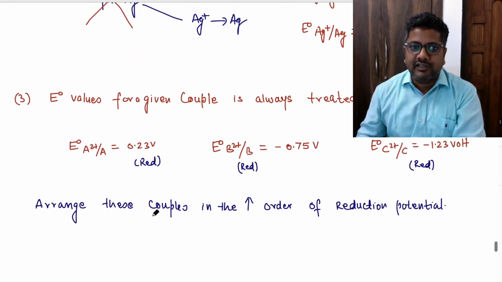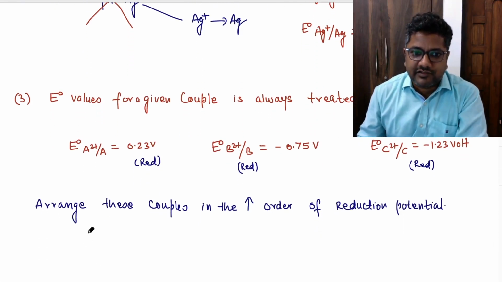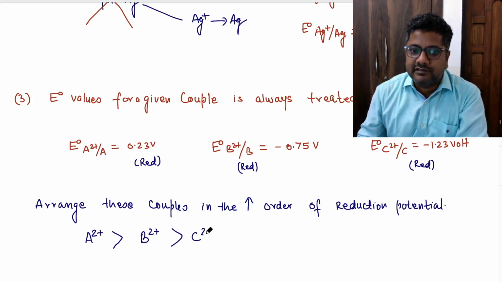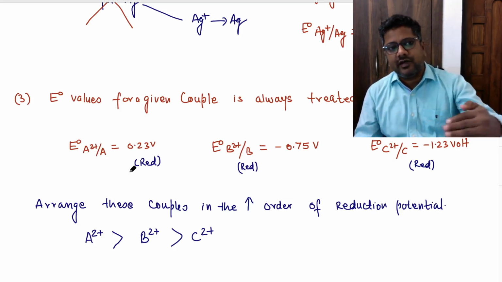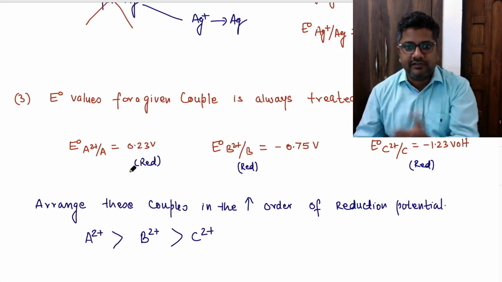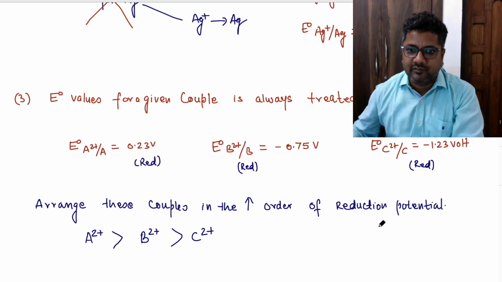So the reduction potential for A2 plus is maximum, then B2 plus, and then C2 plus. See, the first part of the couple, the potential is for that only, because we always read the equation from left to right, not right to left. So this is the order of reduction potential.